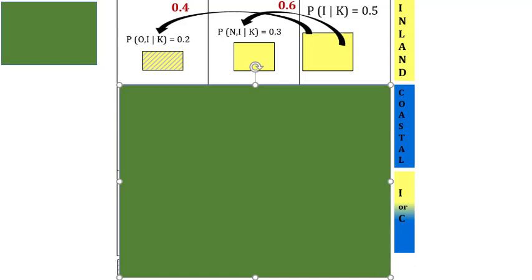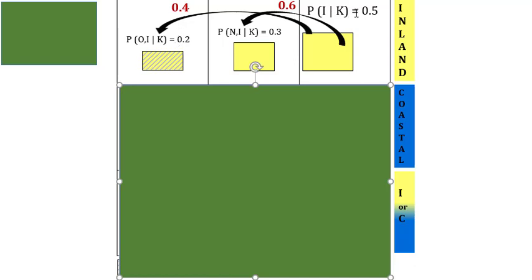If we multiply the marginal and the conditional, we obtain the joint, and we've seen that with the product rule. The marginal probability of inland times the conditional probability of old given inland equals the joint probability of old and inland.